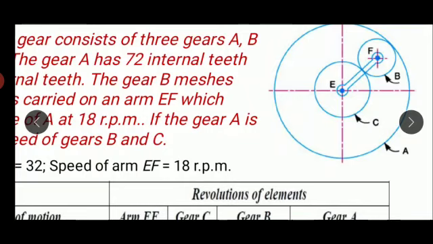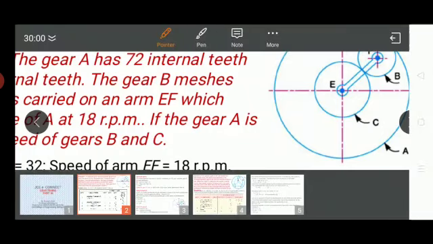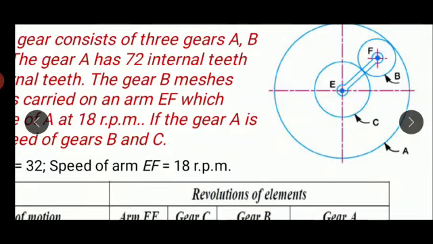So let's suppose if we take gear C as an input gear, and if we are giving a particular number of revolutions in clockwise direction to gear C, then gear C is meshing with gear B. Therefore, both the gears B and C are going to rotate in opposite direction. If C is going to rotate in clockwise direction, gear B has to rotate in anti-clockwise direction.